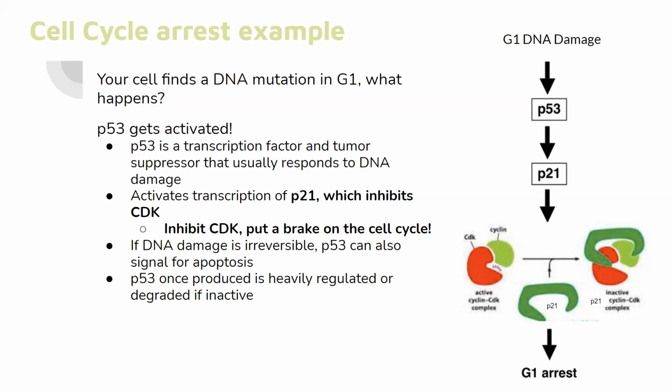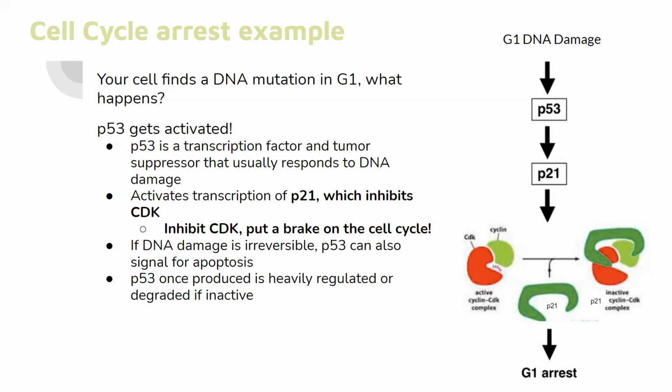So that's what responds to DNA damage if there is one found. And if there's DNA damage found, then P53 activates P21, which inhibits CDK. So inhibiting CDK will kind of put a break on the cell cycle. So nothing will go forward, the cycle will stop for a minute to try to fix the issue.